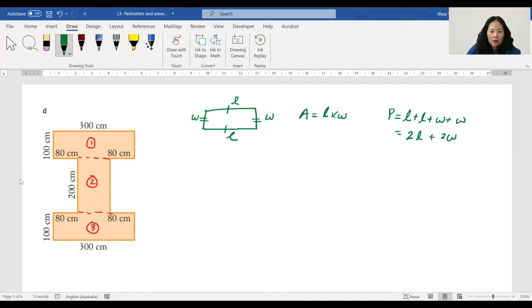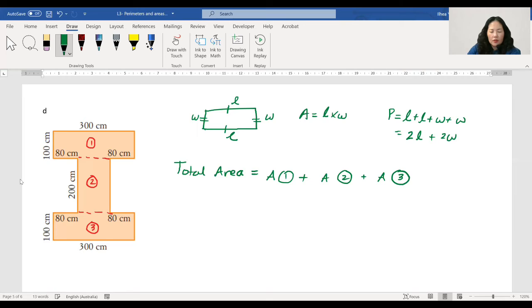Okay, so what I'm going to do is find the total area, or area of the composite shape. Now I'm going to have to do area 1 plus area 2 plus area 3.